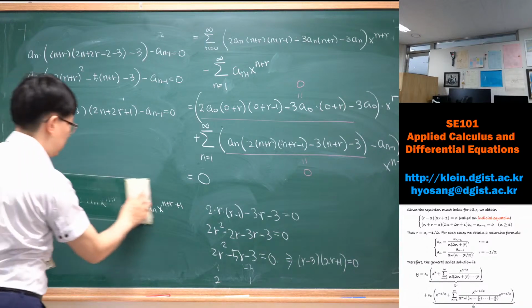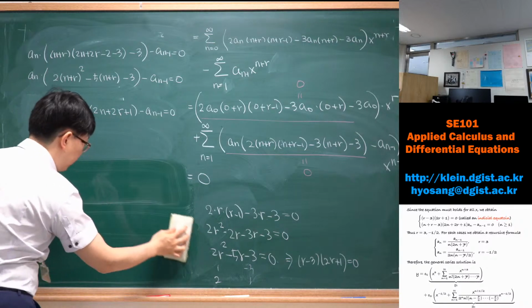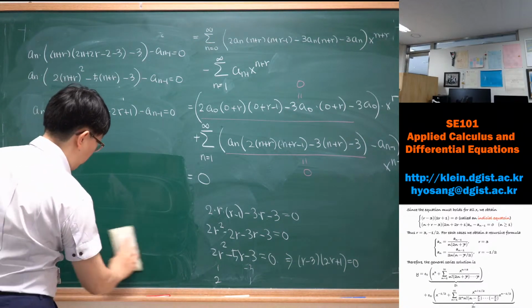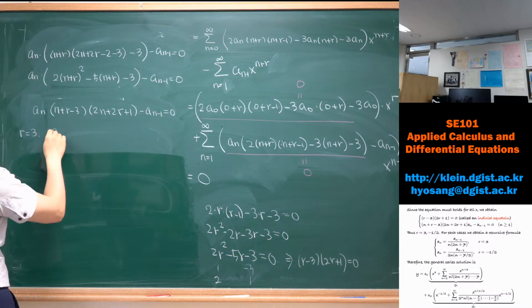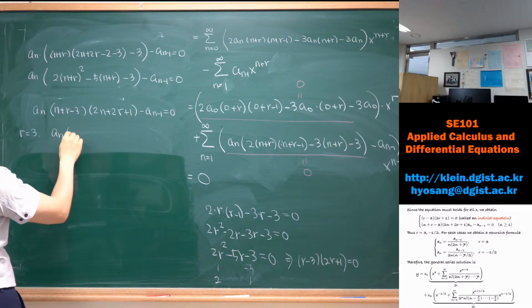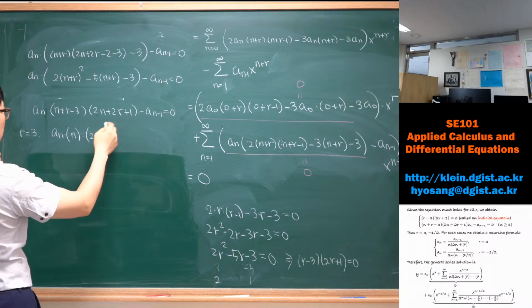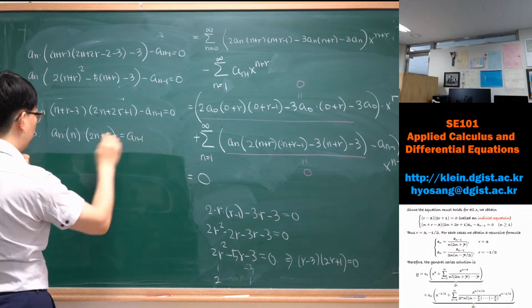All right, here's now the final result. So we have two cases: when r is equal to 3 or minus 1 over 2. So let's try to investigate each case. When r is 3, that's the one case, our recursive formula becomes a_n times n times (2n plus 7) equals a_(n minus 1).